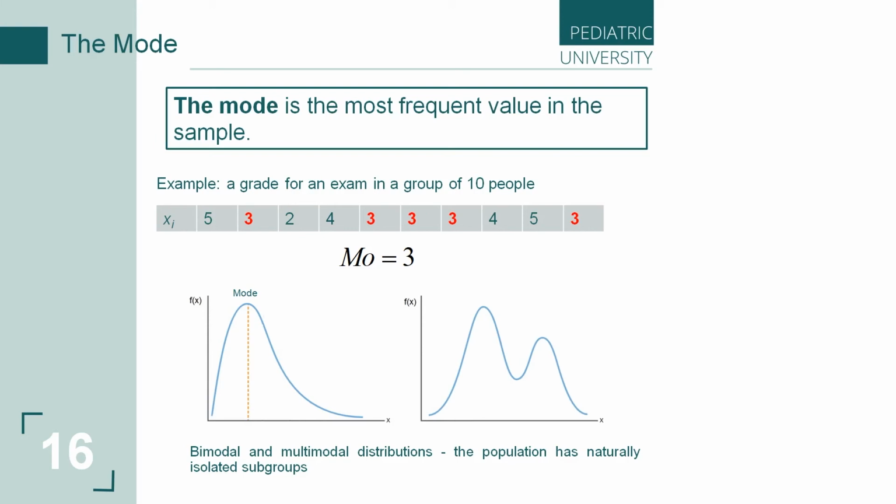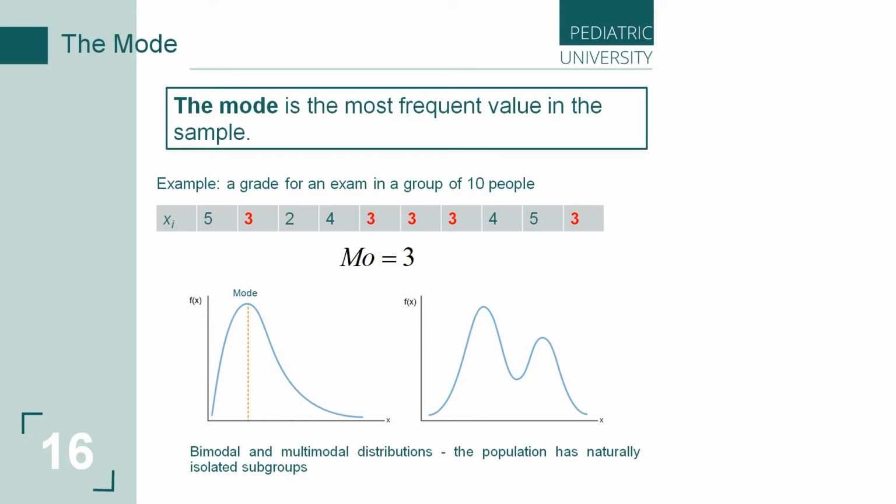This is most common when there are 2 distinct groups in the population, such as men and women. Men have one mode, women have a different mode, and if we combine them into one population, that can happen too.